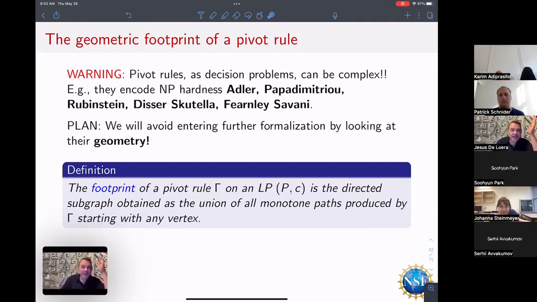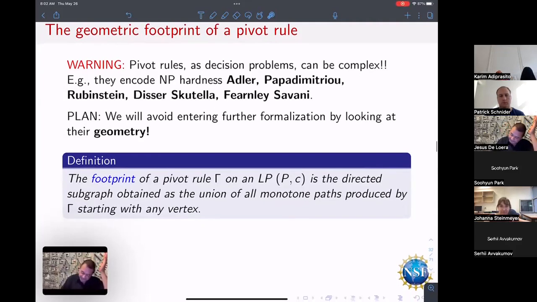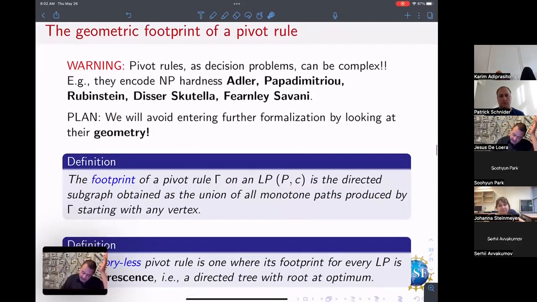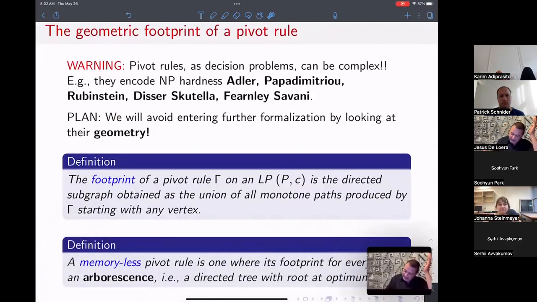So the definition is very simple. Now, I can give you the most important definition of the rest of my talk in the last few minutes. A memoryless pivot rule is one where the graph that you get is an arborescence, a directed spanning tree.